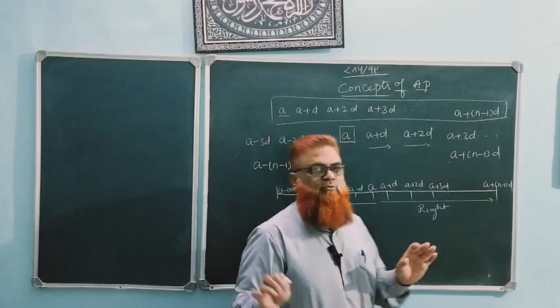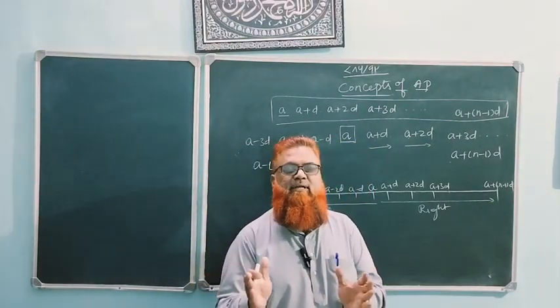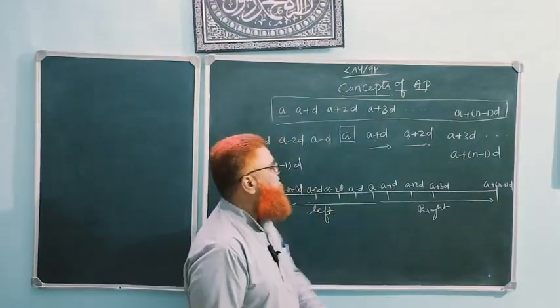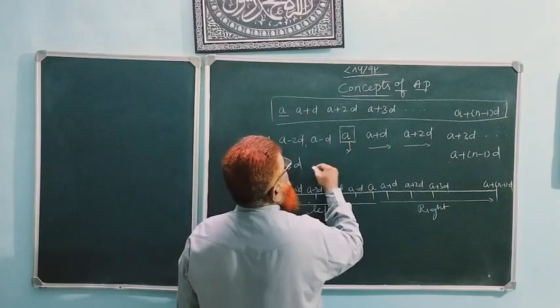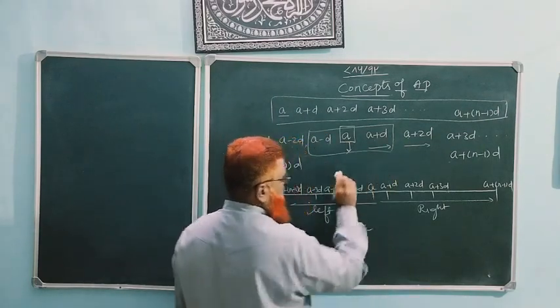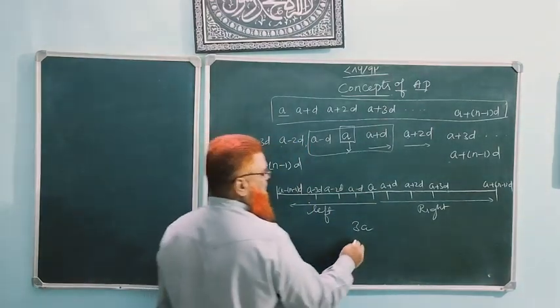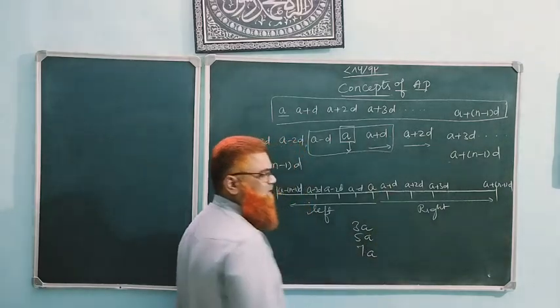This concept our students need to know, to see what exactly the AP is all about. When we consider A as the middle term, if we take 3 terms, the sum is 3A. If you take 5 terms, the sum is 5A. If you take 7 terms, the sum is 7A.